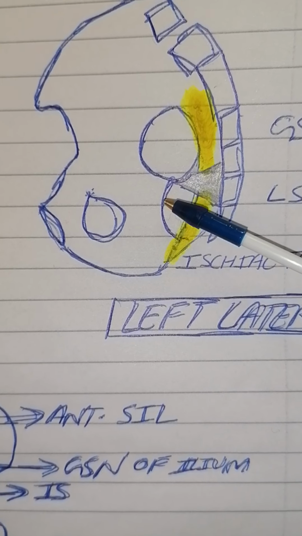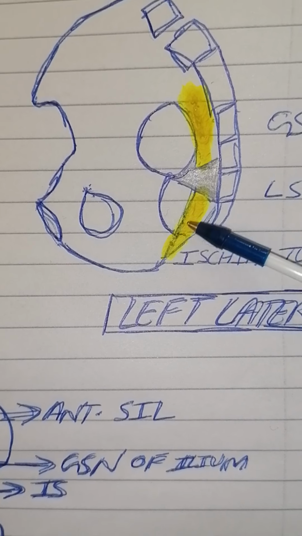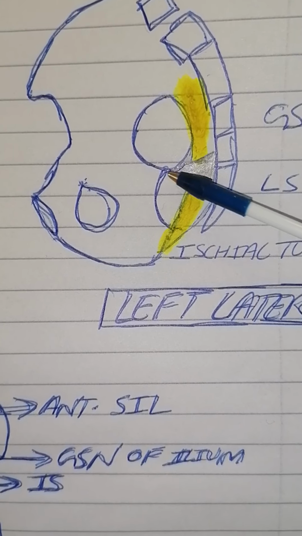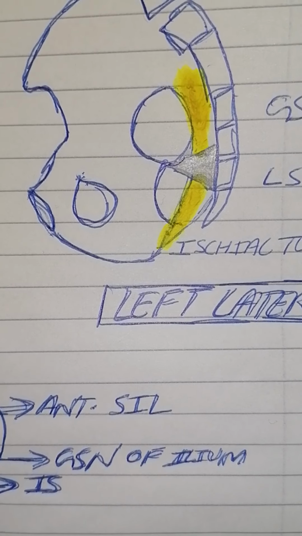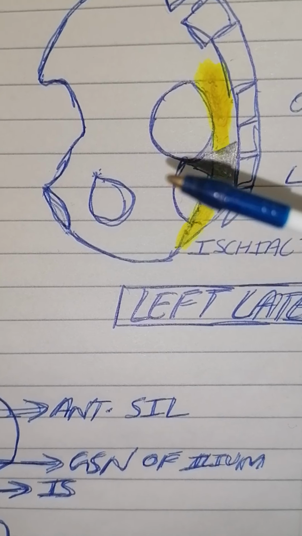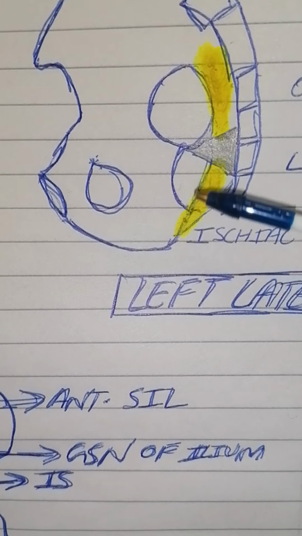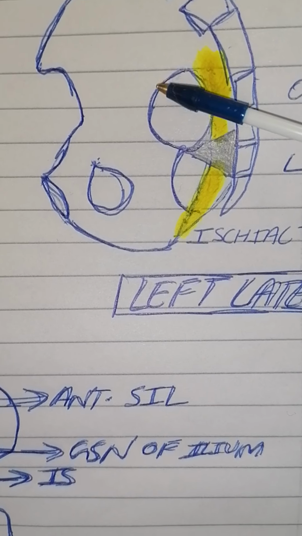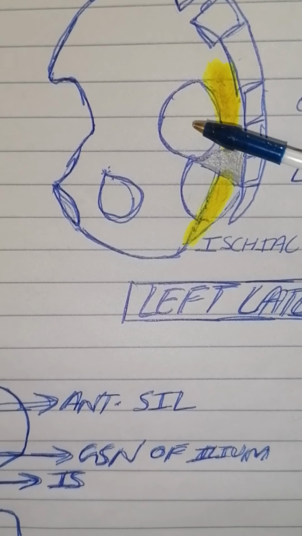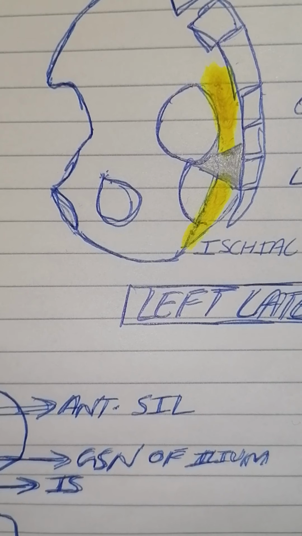For the lesser foramen, again we have the posterior boundary covered by STL, sacrotuberous ligament, and superiorly over here we have your sacrospinous ligament. Overall, the important thing is, because of these two ligaments, we have a greater sciatic foramen and we have a lesser sciatic foramen. Through these, very important structures pass, which we will discuss in a moment.